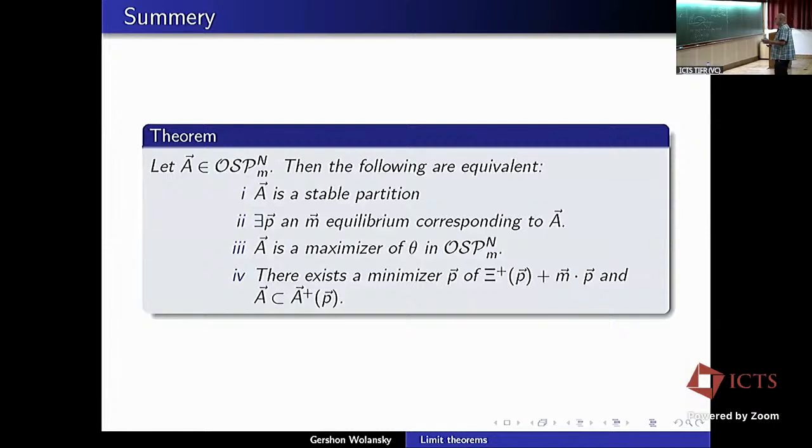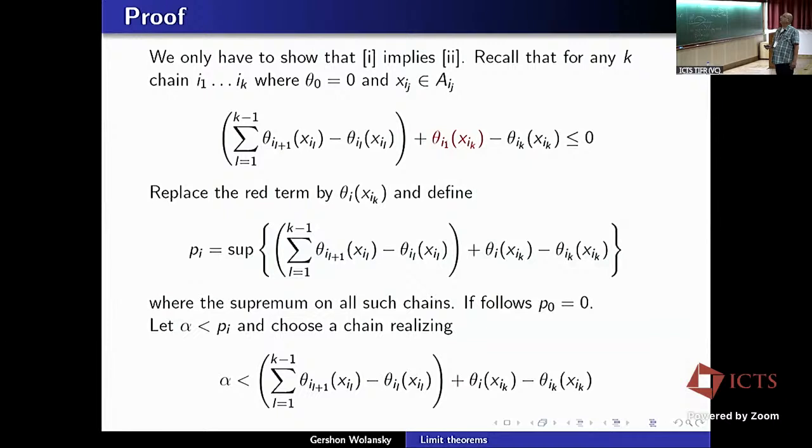So how do we build the equilibrium price P out of the stable partition? If we have a stable partition, then we recall we have this equality for any chain, right? The chain starts with I1 and ends with Ik, where Ik+1 is I1 again.